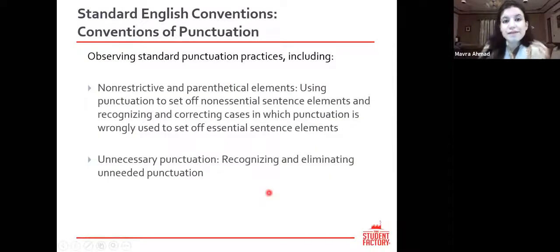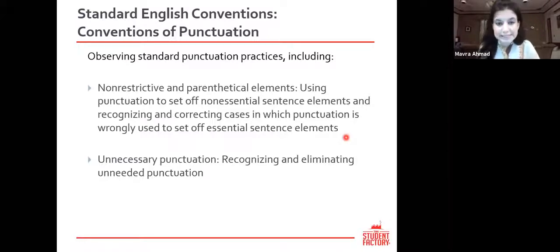Next, we have observing standard punctuation practices, including, ये भी punctuation का ही एक हिस्सा है, non-restrictive and parenthetical elements: using punctuation to set off non-essential sentence elements, and recognizing and correcting cases in which punctuation is wrongly used to set off essential sentence elements. अब यहाँ पर हमें दो चीज़ों पे फोकस करना है. एक सेंटेंस में इंपॉर्टेंट इंफॉर्मेशन कौन सी है और अनइम्पॉर्टेंट इंफॉर्मेशन कौन सी है. जो इम्पॉर्टेंट इंफॉर्मेशन होती है उसको हम कहते हैं एसेंशियल सेंटेंस एलिमेंट्स, और जो इम्पॉर्टेंट नहीं होती है वी कॉल इट नॉन एसेंशियल सेंटेंस एलिमेंट्स और नॉन रिस्ट्रिक्टिव.